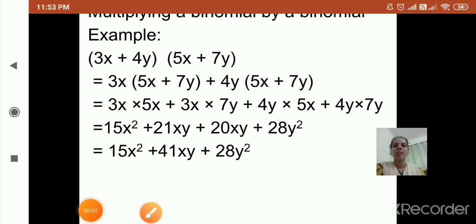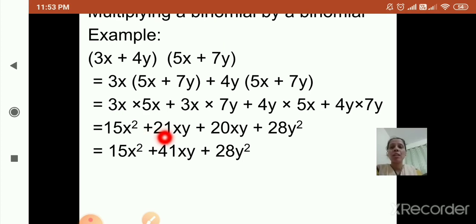Now the next step is, as you can see here, 3 multiply by 5x, that is 15x square. 3 5s are 15, and x multiply by x is x square. Now plus 3x multiply by 7y, that is 7 3s are 21, and x multiply by y is xy.